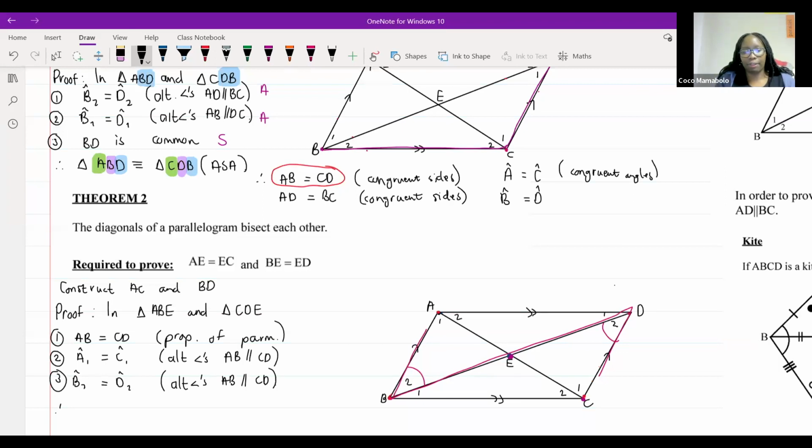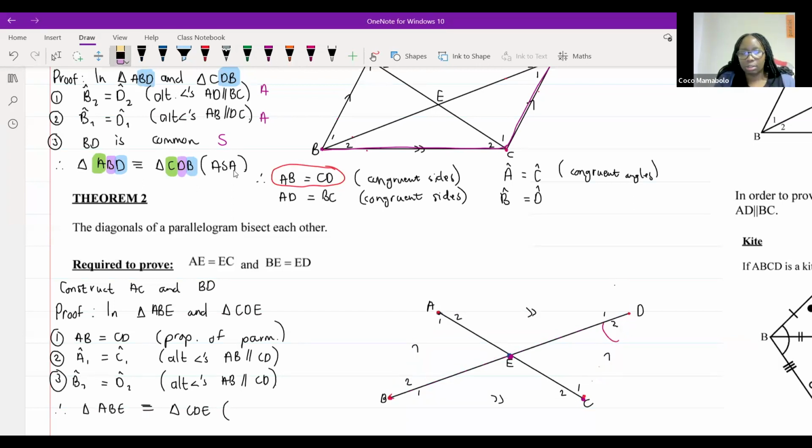I'm going to get, therefore, triangle ABE is congruent to triangle CDE. What's my reason here, guys? Remember what we said. We said that side AB is equal to side CD.